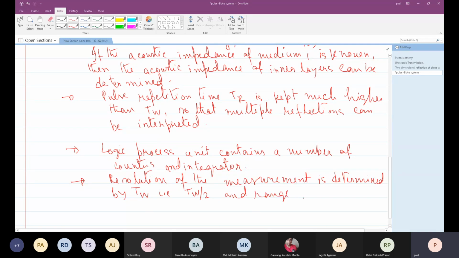And the range of the measurement is determined by TR, the repetition time.